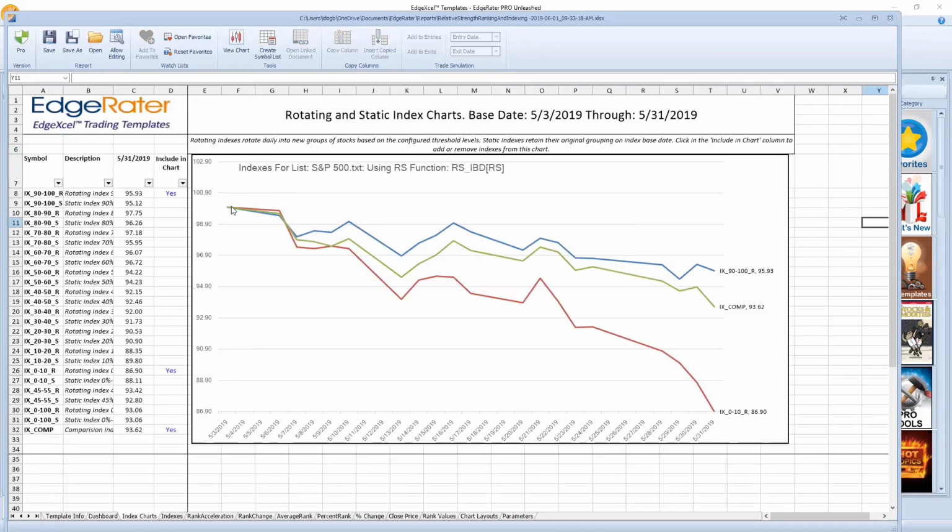So we started again at 100. And now look at the 0 to 10. The 0 to 10s actually performed worse, with about a 14% drop compared to the IX_comp. That's your comparison index, which is SPY, which is at 93.62 in the index, which is about a 6% drop.